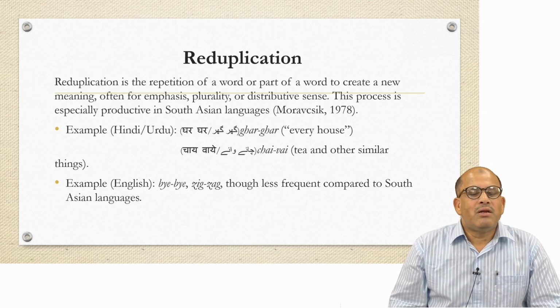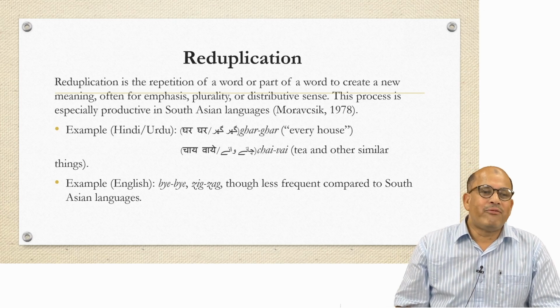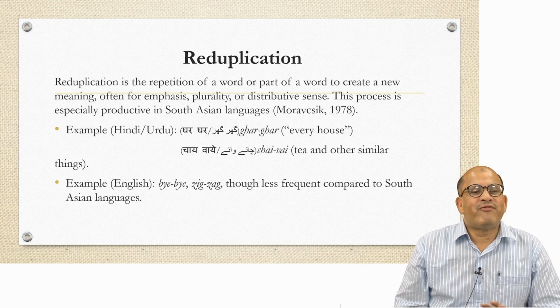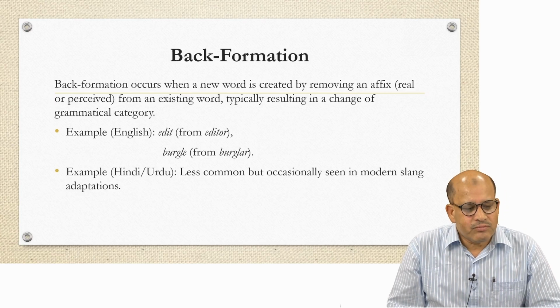English examples are not very common, but still we can find some, like bye bye and zigzag, though less frequent compared to South Asian languages. Learners can find plenty of examples in everyday use.